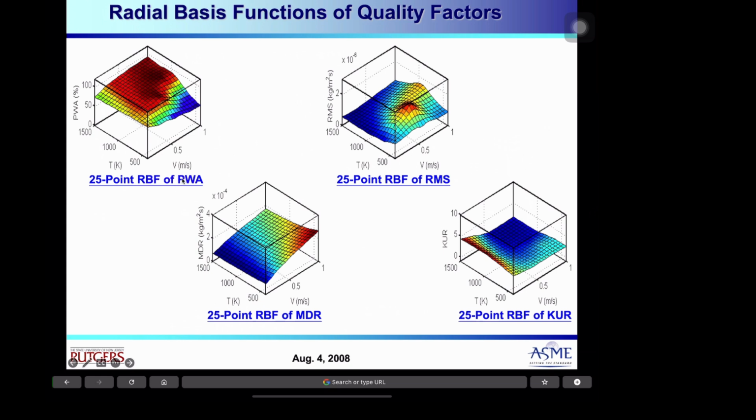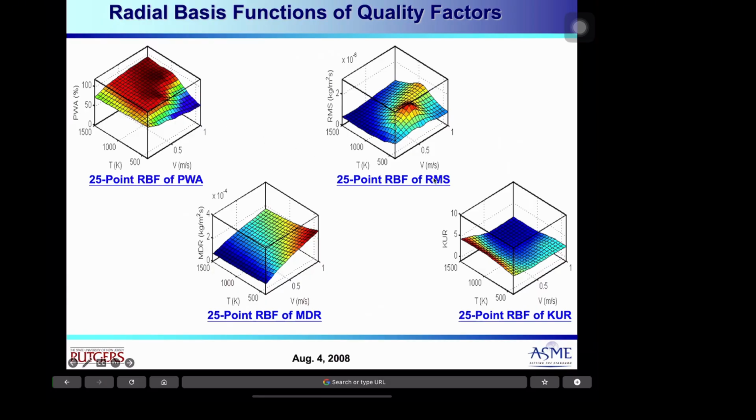The horizontal axes are temperature and velocity, and the third axis represents the function. The first function I sampled was the production rate. You can see I did simulations with different combinations of temperature and velocity and found different deposition rates. Obviously in certain areas the deposition rate is high, and at some combinations of T and V the deposition rate is low.